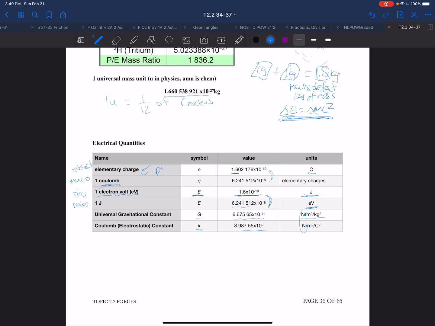So I'll draw your attention, these units are almost identical. Newtons, meters squared, and the only thing different is it's per kilogram squared and per Coulomb squared. So this is something related to the charge, and this is related to the mass. So when it comes to electricity, charge substitutes and behaves like mass.